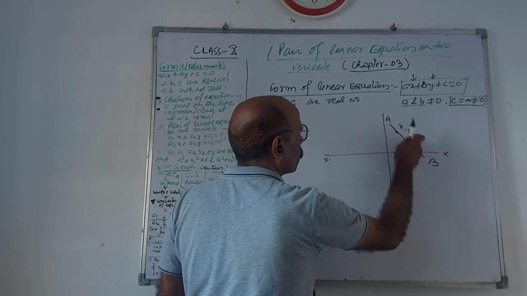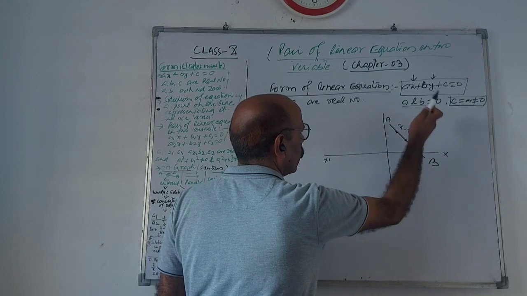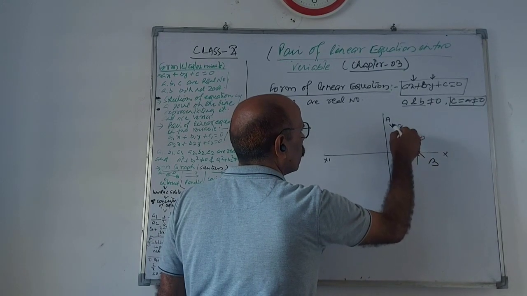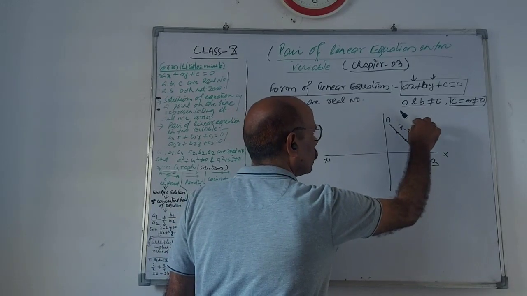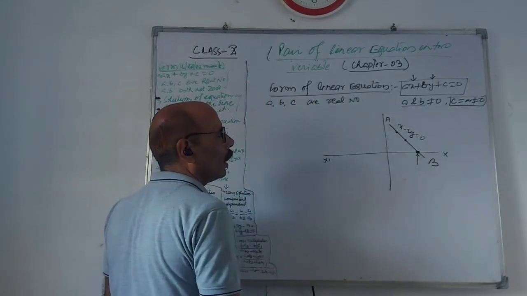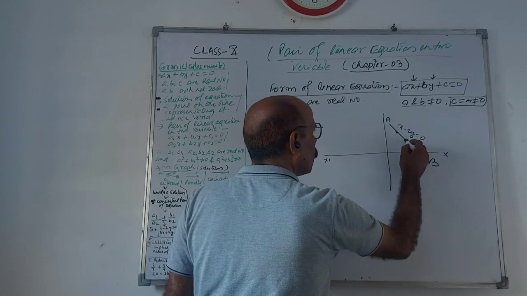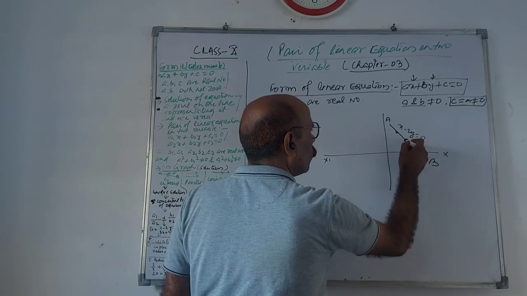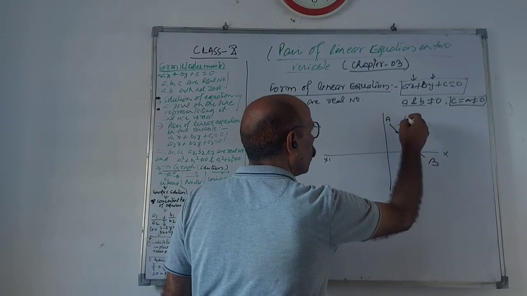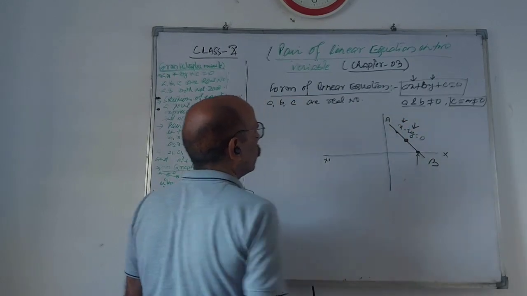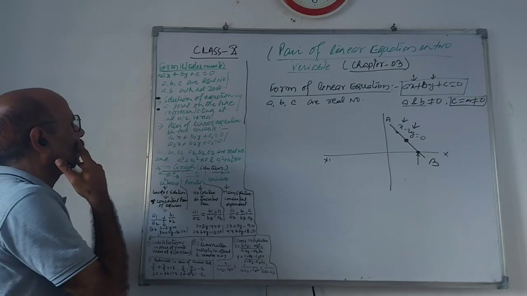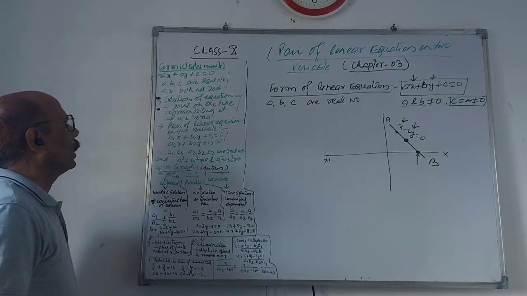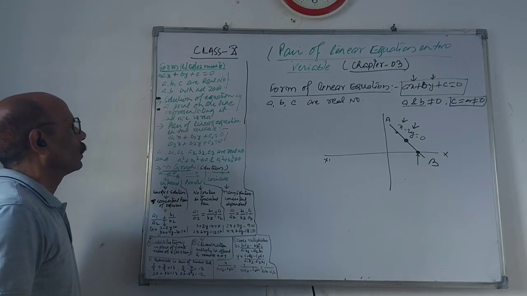This is the line, or any other equation may be there. So this line is representing this equation, and any point on this line will represent the values of x and y, and vice versa.